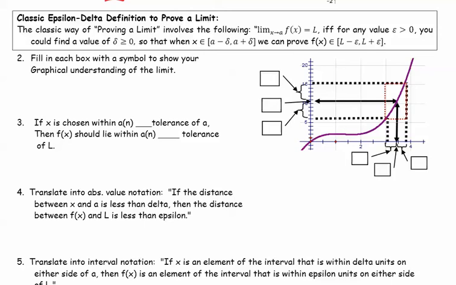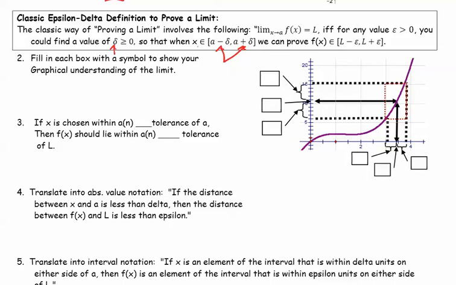So a classic way of proving a limit involves proving that if the limit is L, then for any value of epsilon greater than 0, so no matter what number you chose as an epsilon value, you could find a delta value that would also be greater than 0, so that as long as you chose your x values to be within delta units on either side, so a minus delta would be to the left side, a plus delta to the right side.